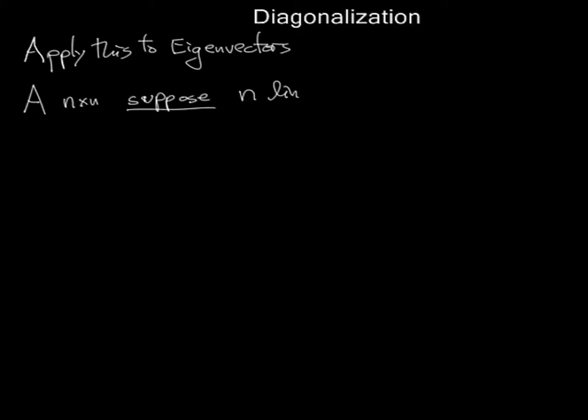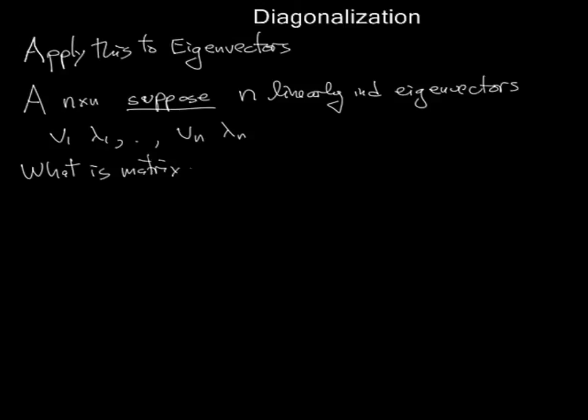Okay, so that was some general nonsense. Now let's talk about this in the setting of eigenvectors. So suppose we have an n by n matrix, and let's suppose that it has n linearly independent eigenvectors. That's not necessarily true, but suppose it does. So that is to say, you have a vector v1 with eigenvalue lambda 1 and so on, vn, and eigenvalue lambda n.